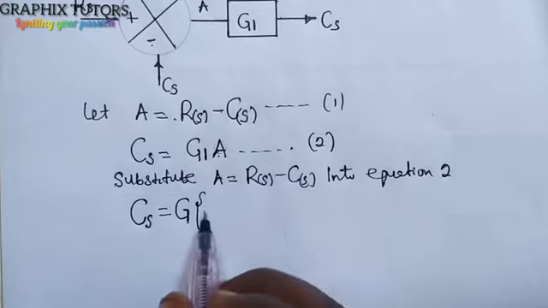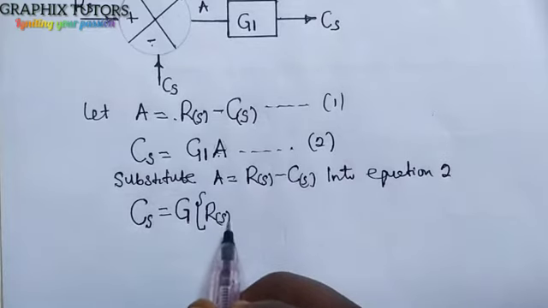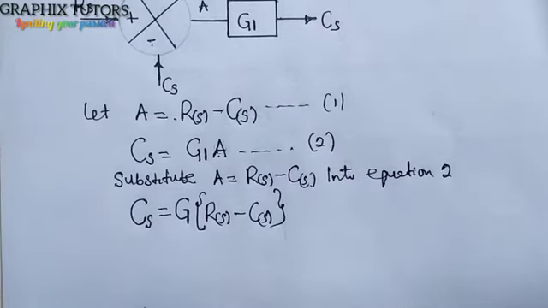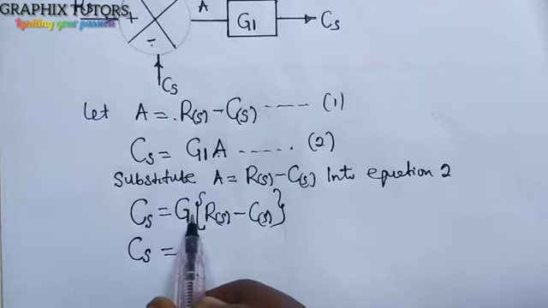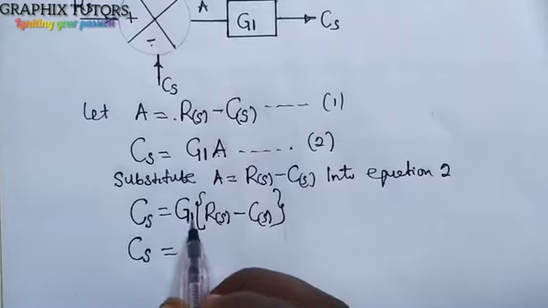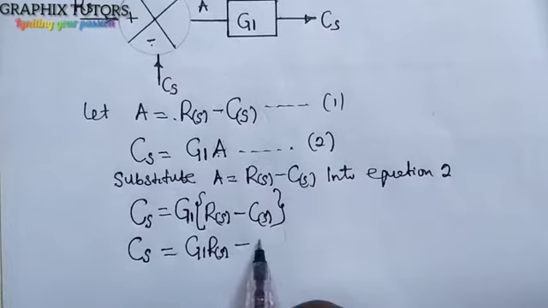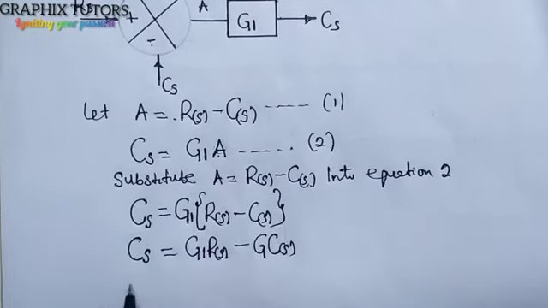And what is A? A is the input signal minus the output signal, right? So if I expand, you see the output signal is equal to G1 times RS will give us G1 RS, minus G1 times CS will give you G1 CS. So if you look at it, you collect like terms.